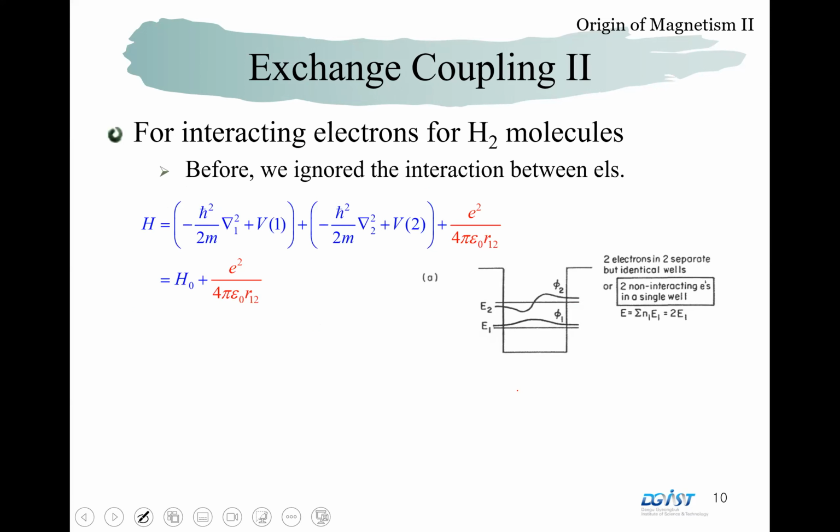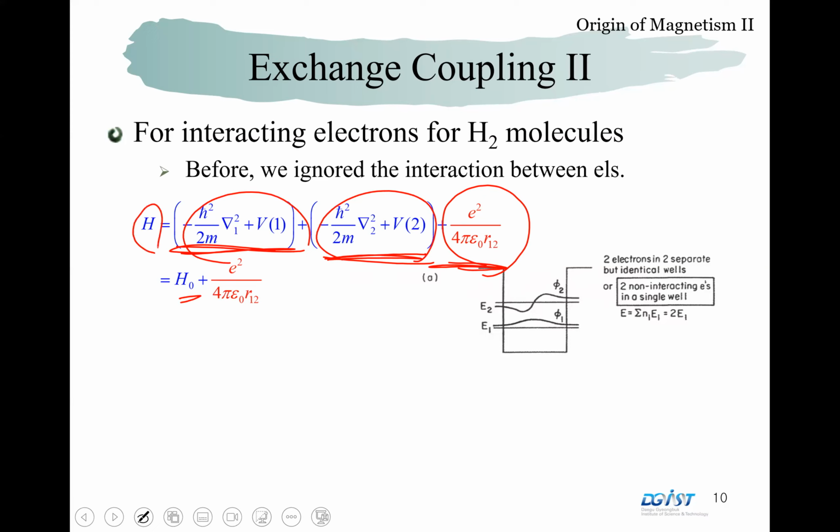Okay, let's take a look at the hydrogen molecule. This is the Hamiltonian for the first electron, and the other one is for the second electron. In the previous case, we ignored the interaction terms, but we have two charged particles, so there is a Coulomb force. This is the interaction. This one is the single atom Hamiltonian, and this one is the same, so we already know this. Let's say this is H0.